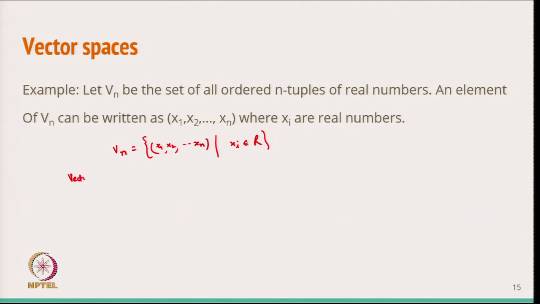Vector addition is defined as usual. As usual means, suppose I take an element V1 and I represent that element by x1, x2, x3 and xn, and I take another element V2 and I represent it by y1, y2, y3, yn.